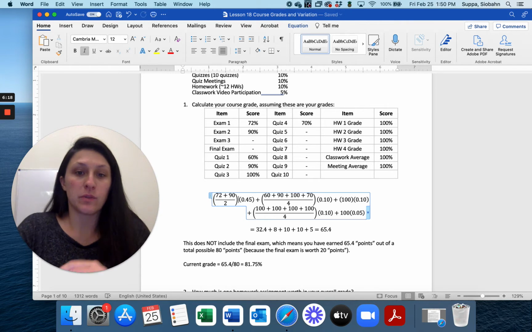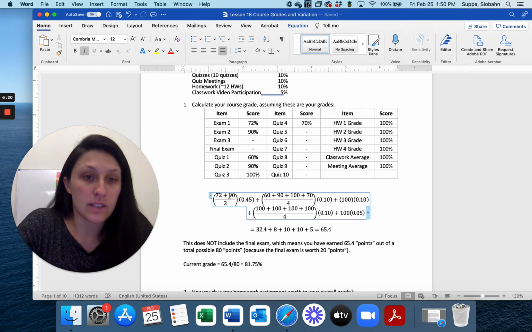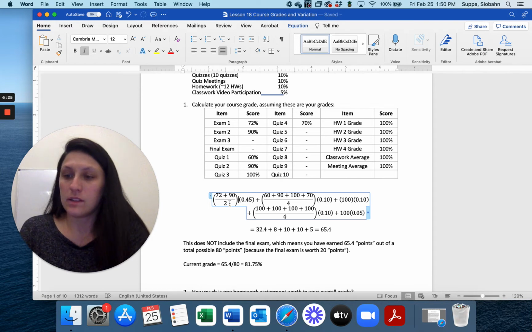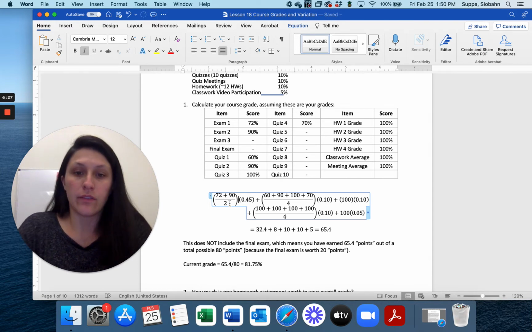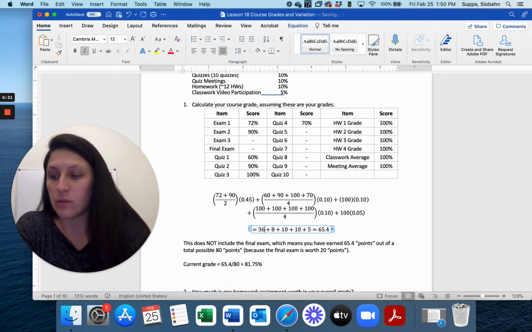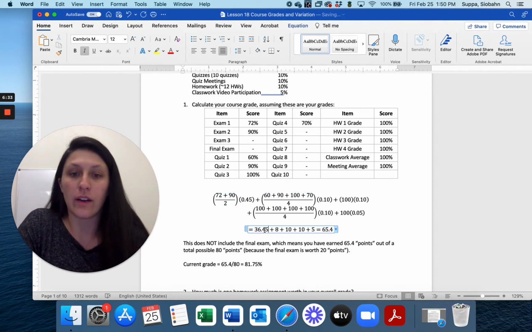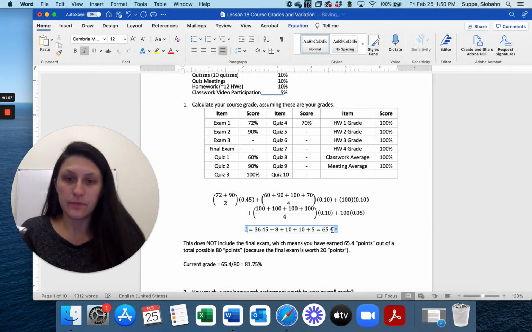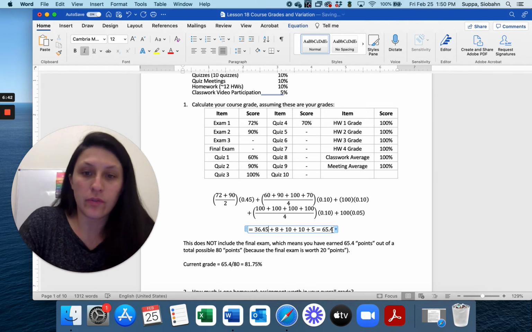So that would bring that up to an 81 average on your exams, because this average here would become 81. And 81 times 0.45 is 36.45. So instead of 32.4, it would become 36.45. That would bring up your total here to be a little bit higher. So your total here would be 69.45.